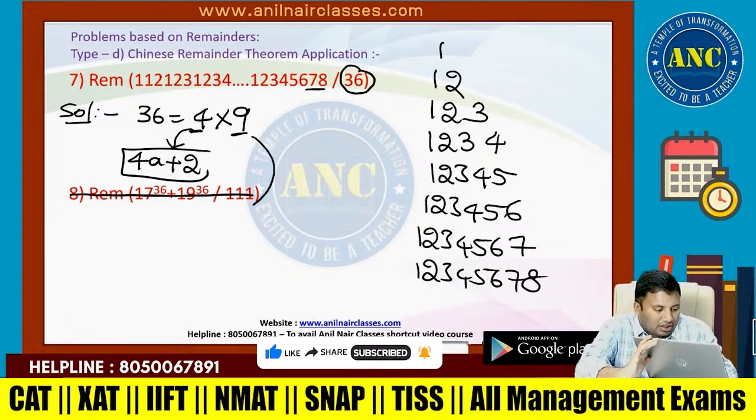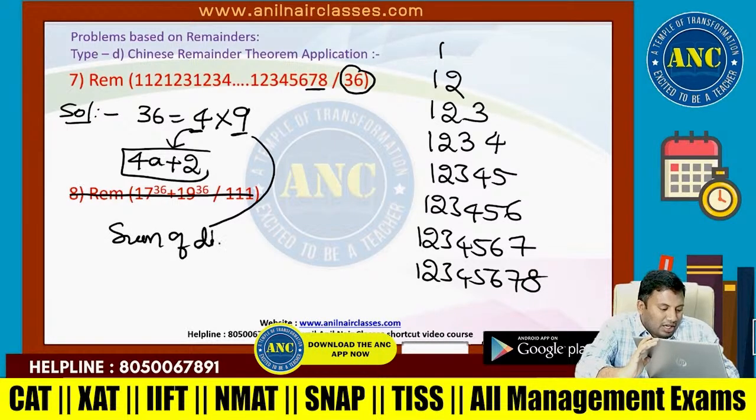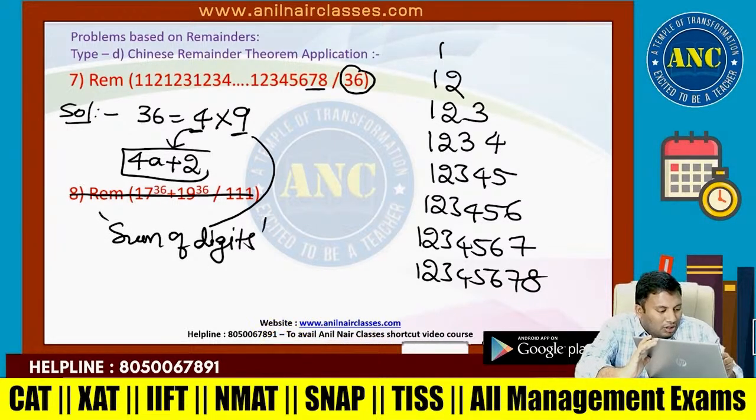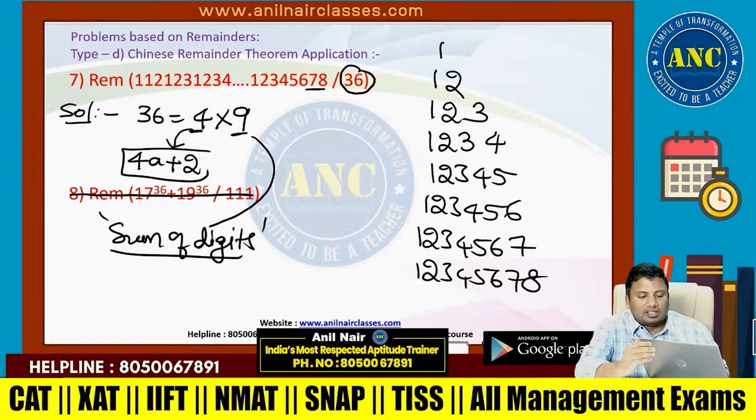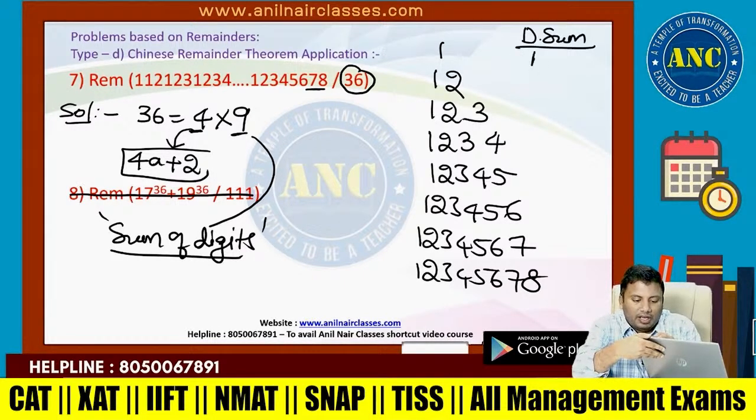Divisibility by 9 depends on the sum of the digits. Already we discussed that if you rearrange the digits in any order, the sum will not change. So let us do the digital sum. 1 is 1. 1 plus 2 is 3.